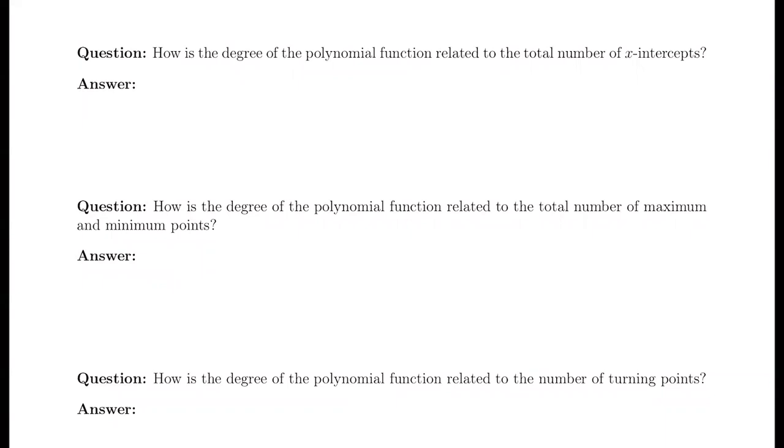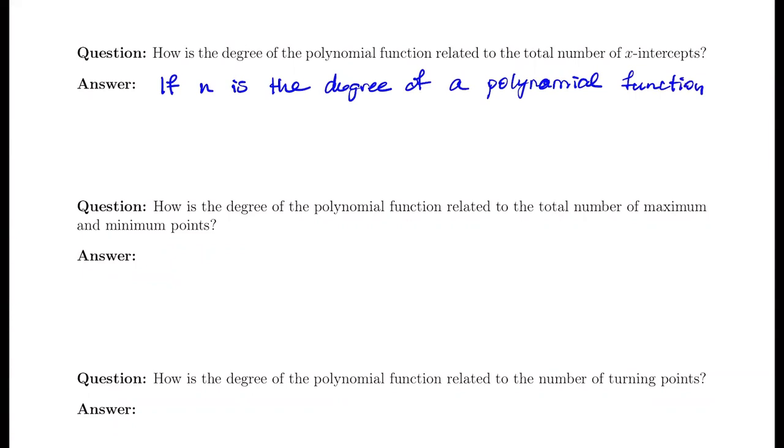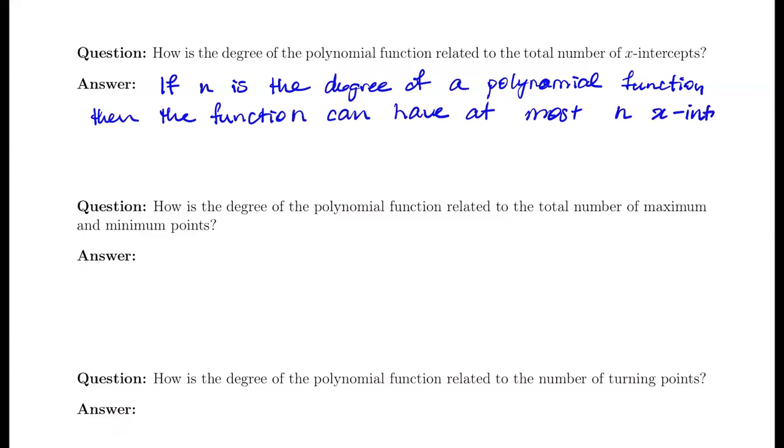Well, if n is the degree of a polynomial function, then the function can have at most n x-intercepts, but at least 1 if n is odd, or at least 0 if n is even.